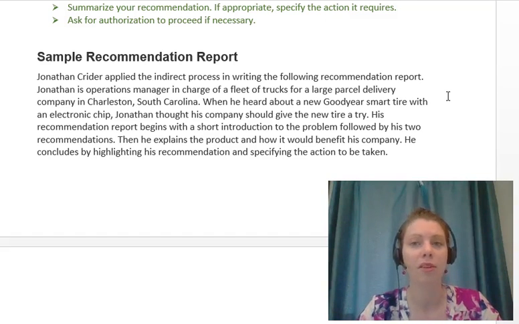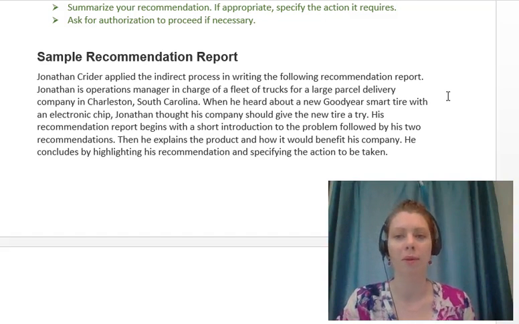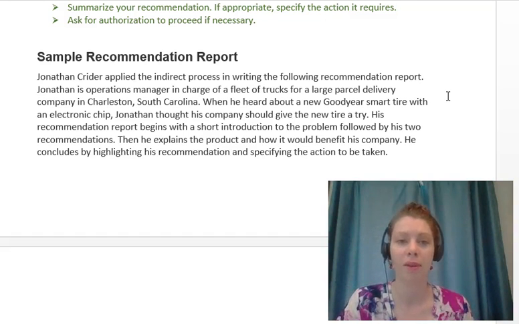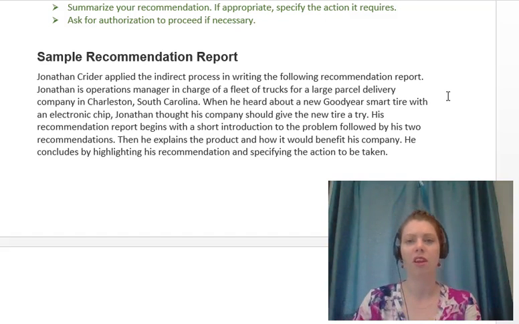And when he heard about the new Goodyear Smart Tire with an electronic chip, he thought his company should give it a try. So his recommendation report begins with a short introduction to the problem, followed by his 2 recommendations. Then he explains the product and how it would benefit the company. He concludes by highlighting his recommendation and specifying the actions that should be taken.